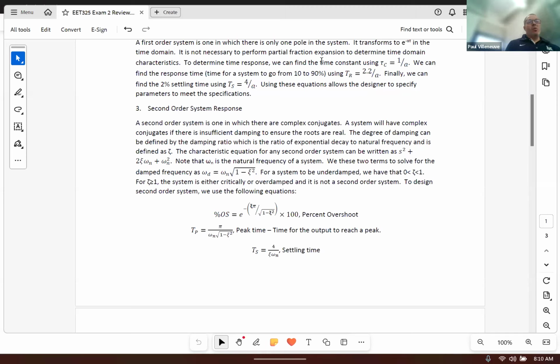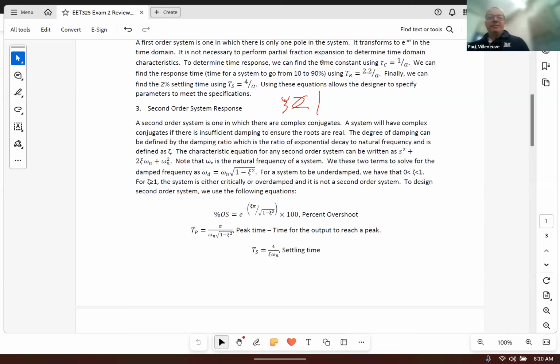These are only important to you when zeta is less than 1. Why? Because if zeta is greater than or equal to 1, you do not have a system that oscillates, right? So you have no frequencies. If the damping ratio is equal to or greater than 1, then you have 2 first order systems. So you can just use the analysis that you did in section 2, just figure out which is the slower of the 2 time constants.